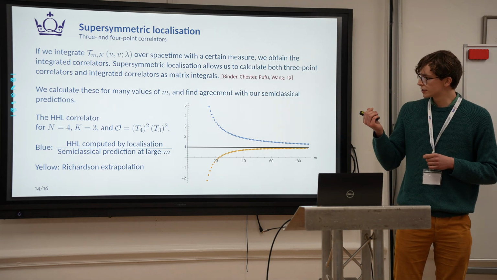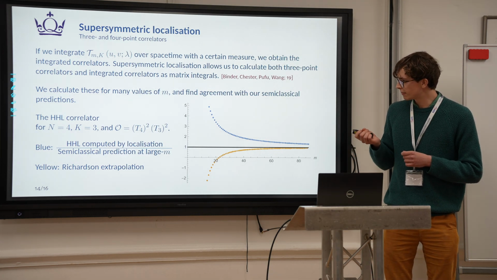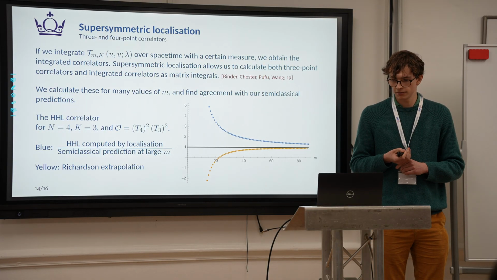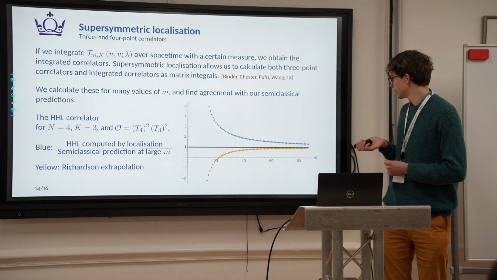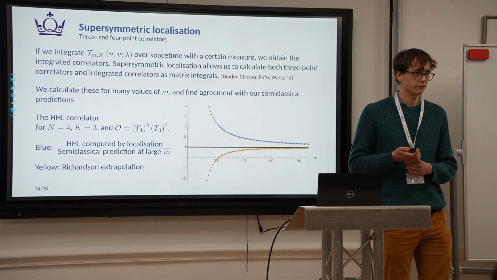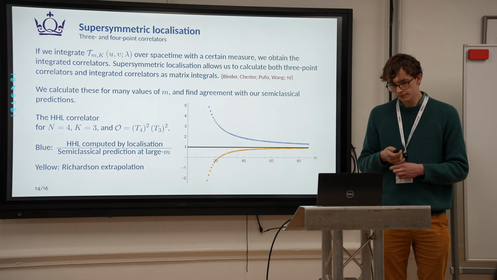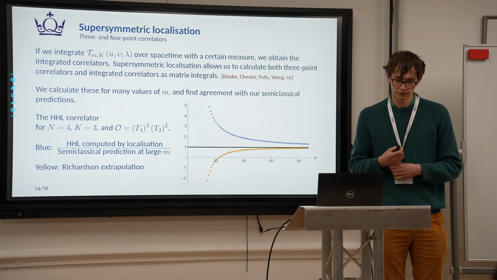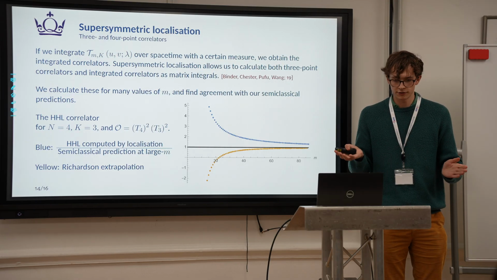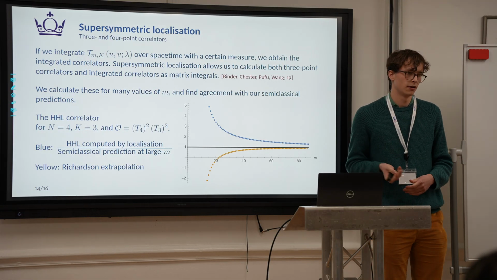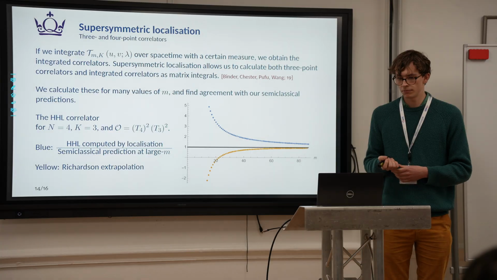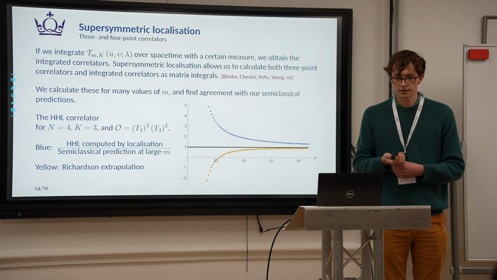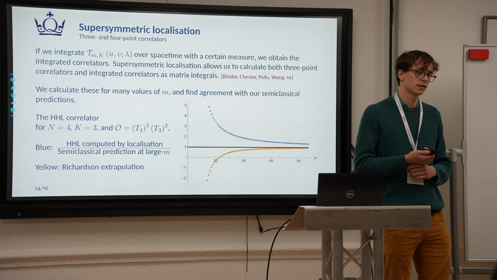In yellow, I've got the Richardson extrapolation of that, which is just a way of speeding up convergence. And indeed, you can see that it converges towards 1 a bit quicker. We test this for lots of different cases, and we find they all tend towards our predicted values. So it seems like the semi-classical analysis is correct.